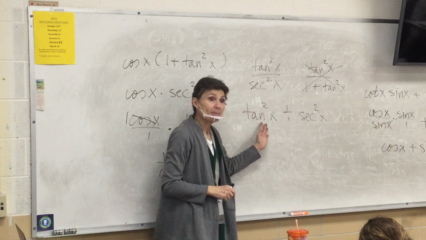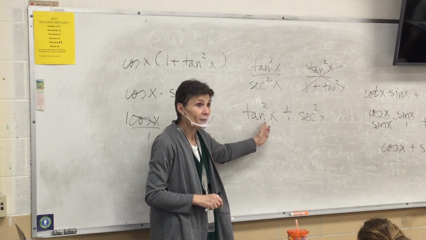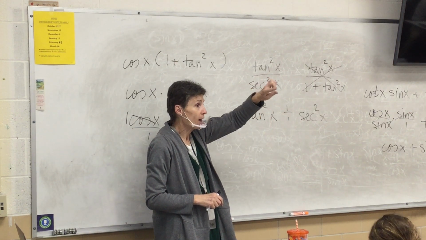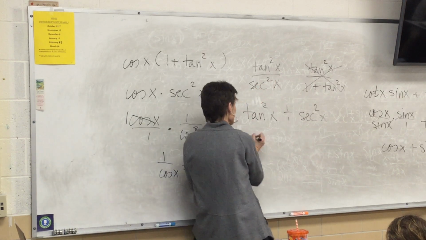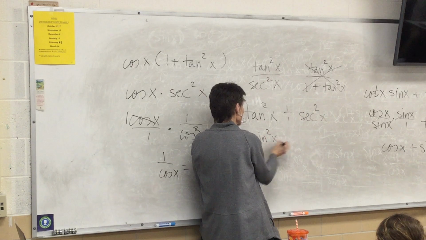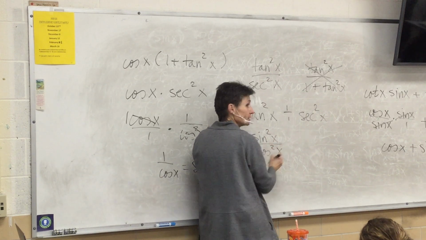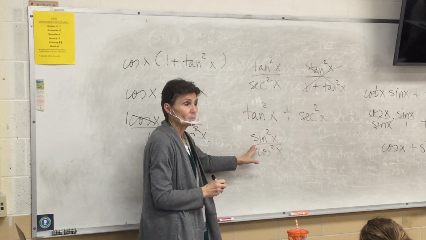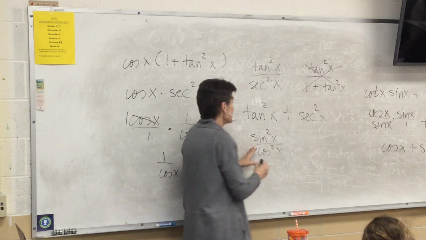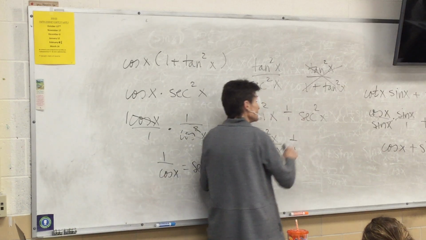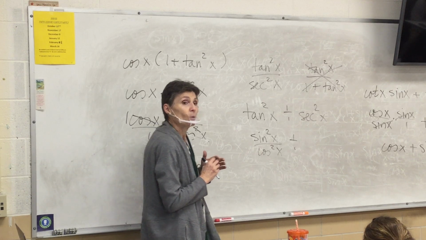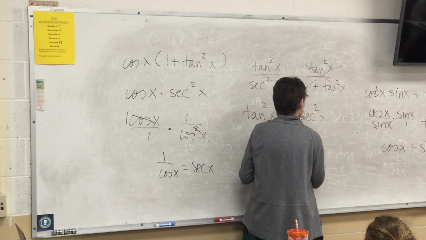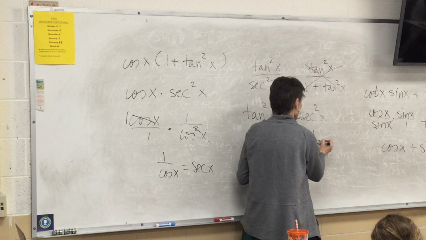Now, did anybody change tangent squared into sine over cosine? So this would be sine squared over cosine squared, right? Divided by, what did we say secant was? 1 over cosine. 1 over cosine squared, in this case, because of the squared.